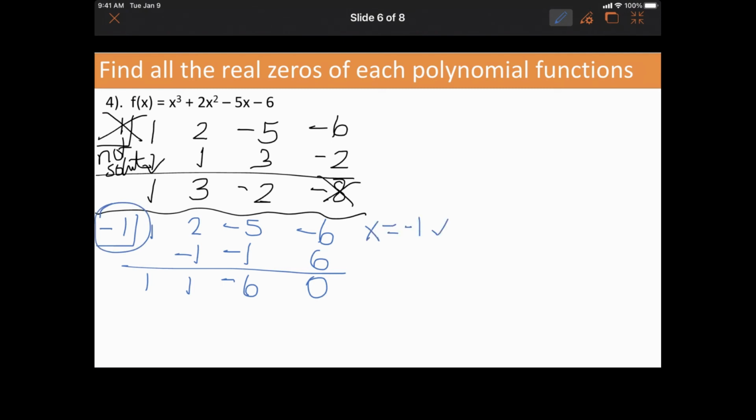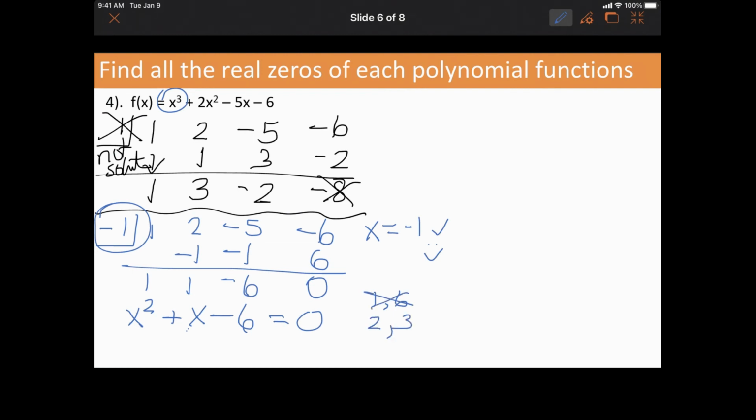Yay! Check. Okay, then I write this. Again, this is x to the third, so this is going to be x squared plus x minus 6 equals 0. Can I factor it? Okay, factors of 6 are 1 and 6. It's not going to give me a 1. So 2 and 3. Okay, that will give me a 1.